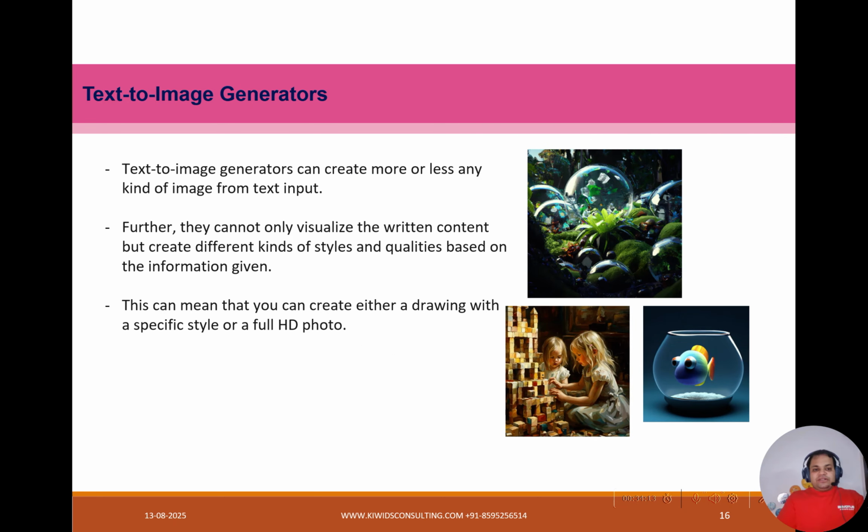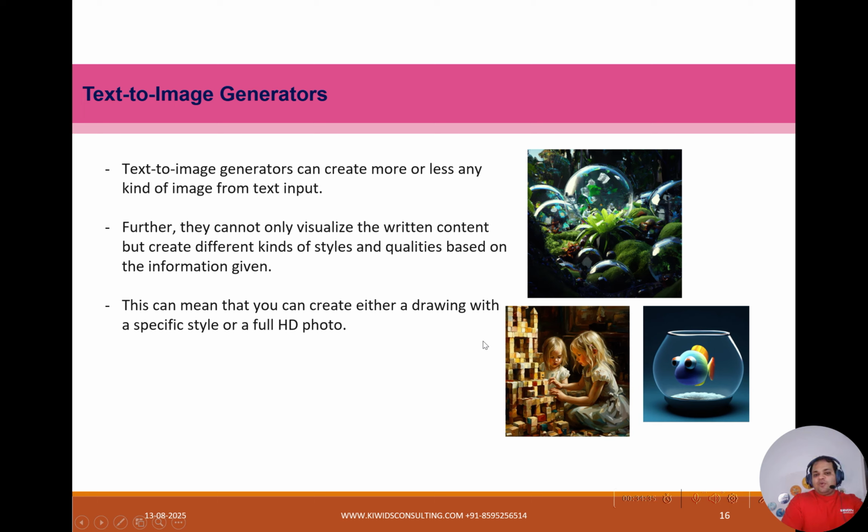Text to image generators. So text to images, as we mentioned, you input your text, you get images out of it. So we do it through models. How do we do it? We'll understand this. And further, they can not only visualize the written content but create different kinds of styles.